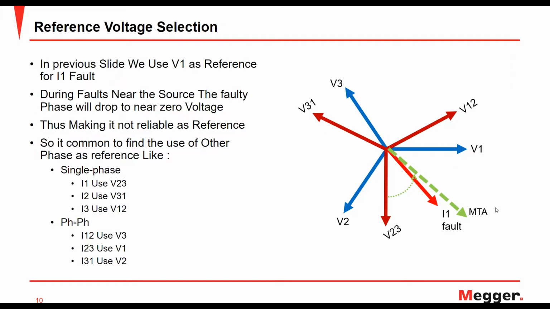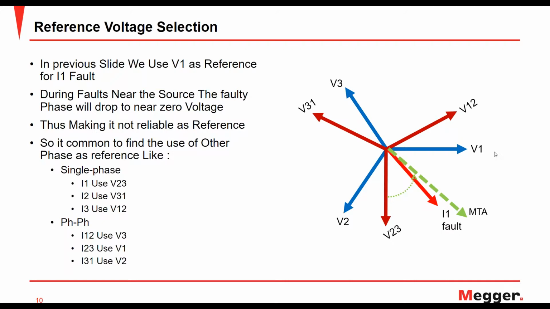So this is the MTA for phase A. I can use V23 as a reference with my MTA to get better reliability when I have a fault near my source, since in that case, V1 will be very small and is not so reliable.